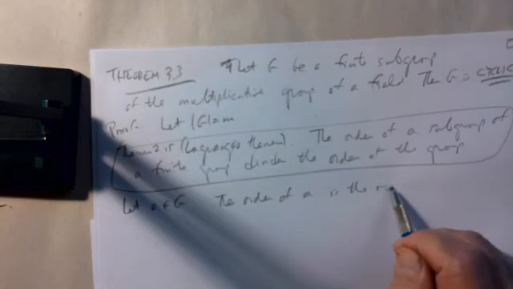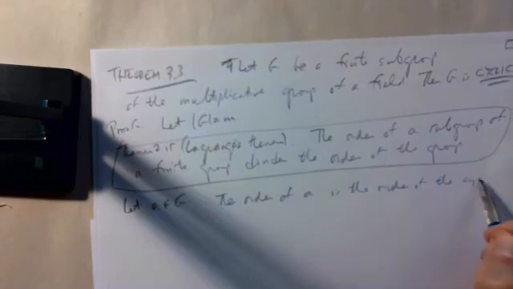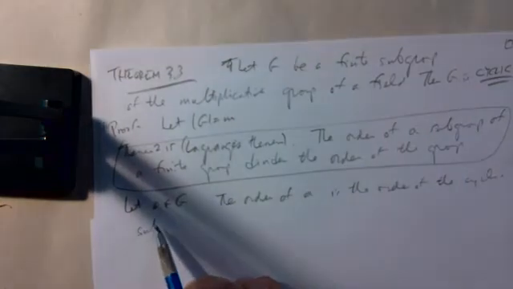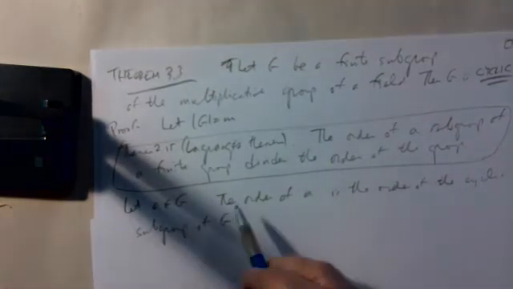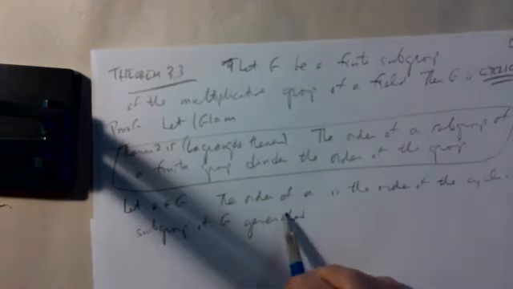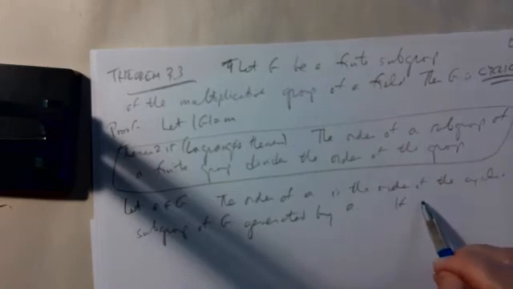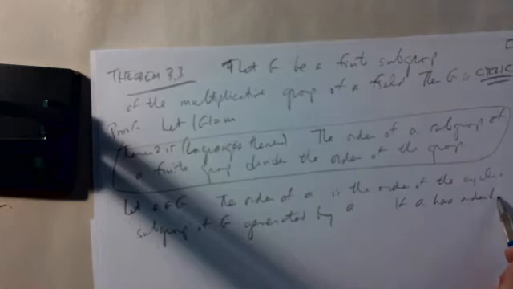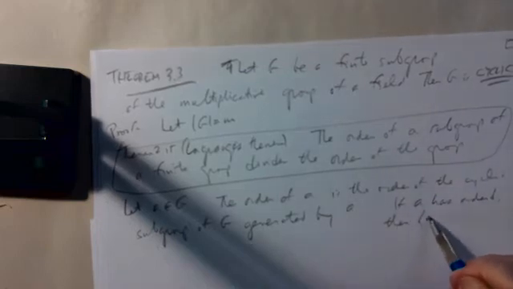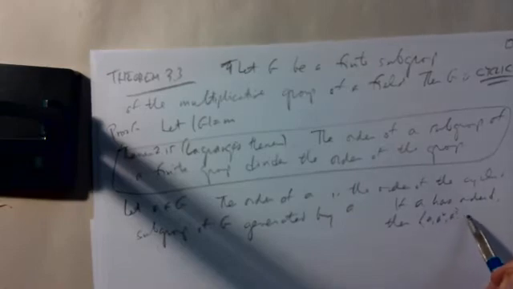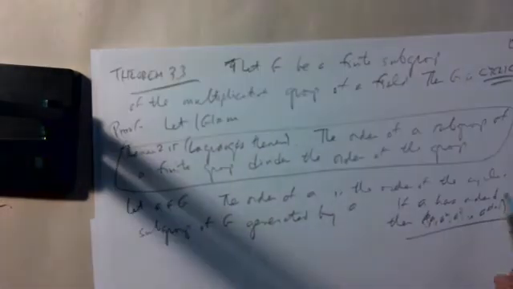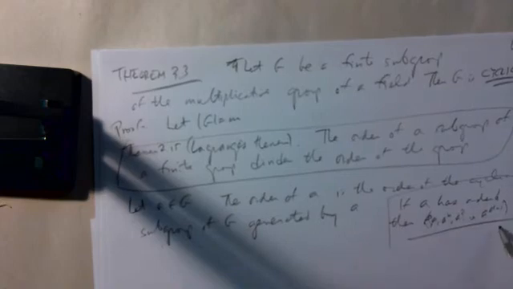So this is the order of the cyclic subgroup of G generated by A. That is, if A has order D, then A squared, A cubed, up to A to the D minus 1, and E, that's the cyclic subgroup generated by A. And it divides the order of the group.